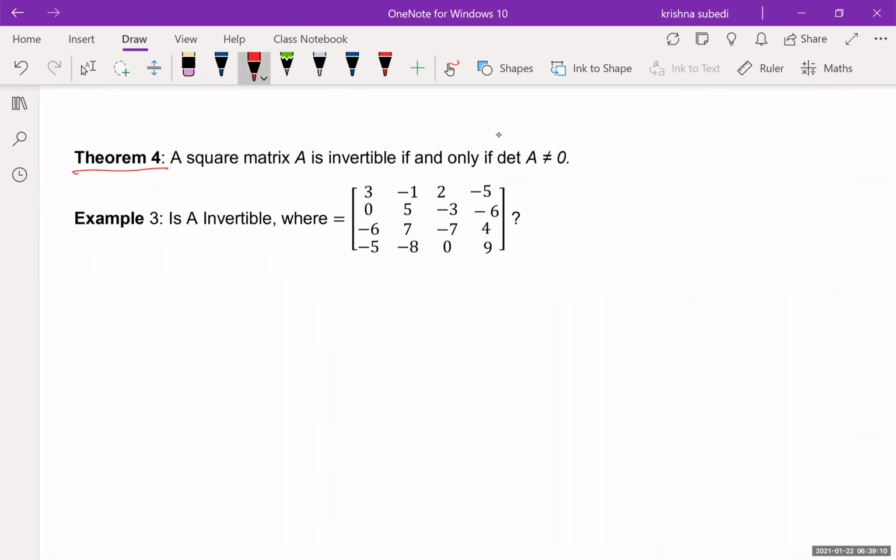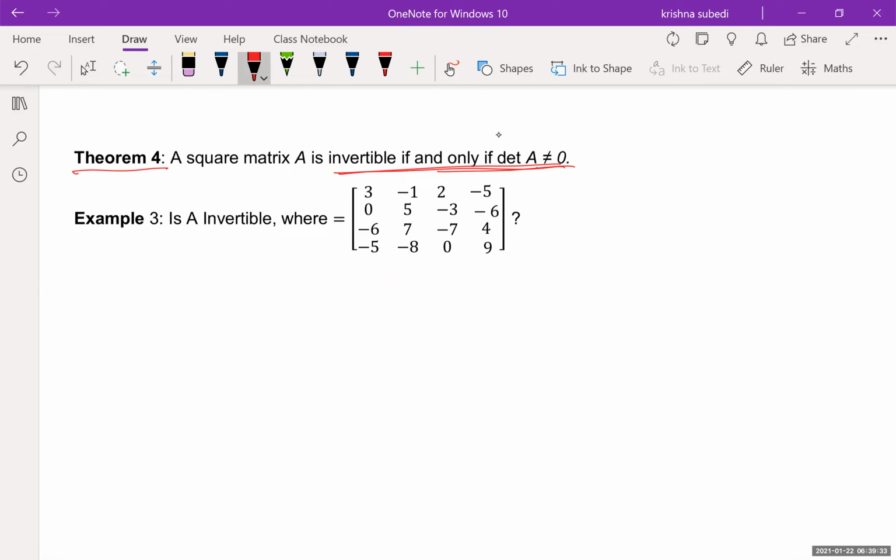A square matrix A is invertible if and only if the determinant of A is not equal to 0. Please keep this in mind. Very important theorem, okay? This type of question is given in exams quite often.